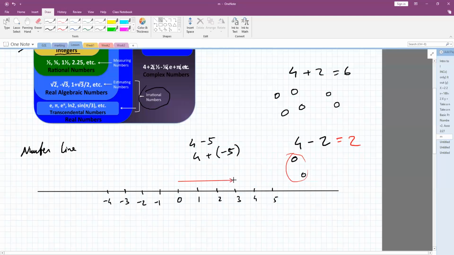If you start from 0, you go 4 units to the right. So that is your first number, which is 4. Now what about the second one, -5? With minus, what happens is you go to the left 5 units. So in this case, there.